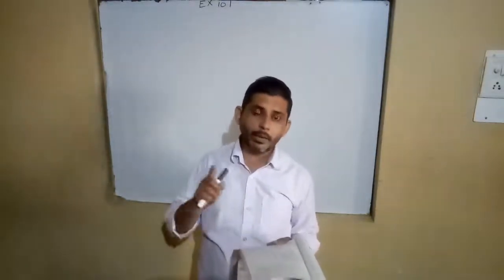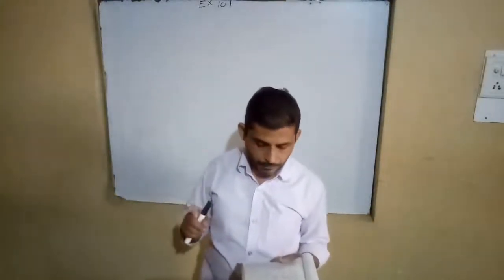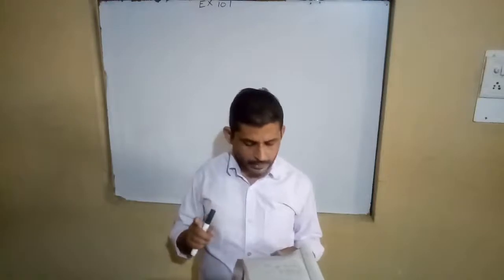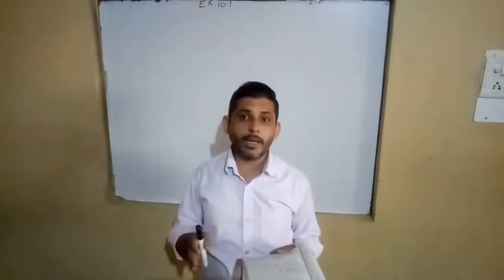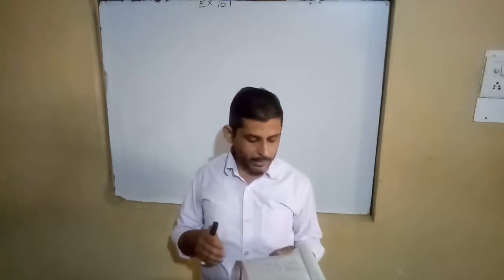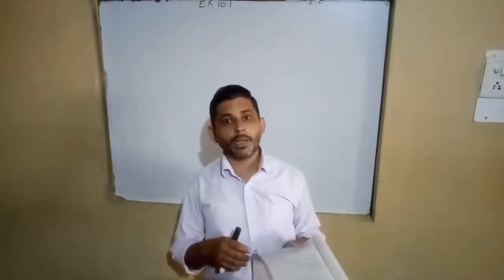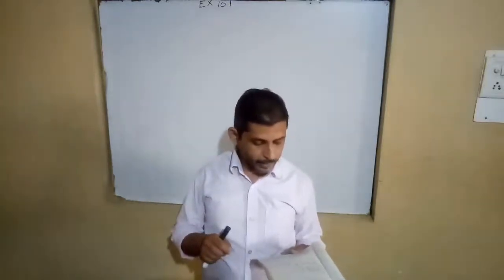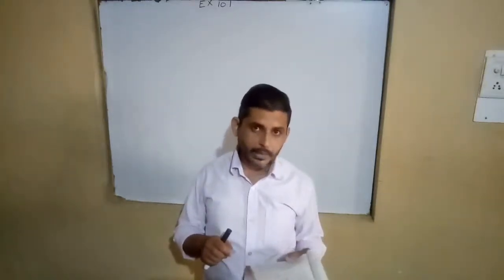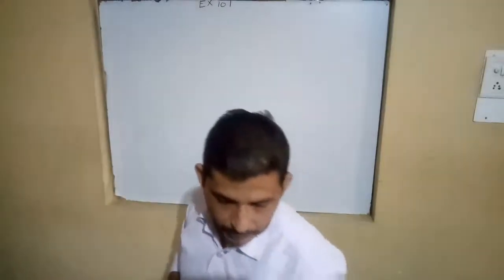So we have an equilateral triangle with side 2a, and it lies along the y-axis such that the midpoint of the base is at the origin. Where is its midpoint situated? At the origin. Find the vertices of the triangle.